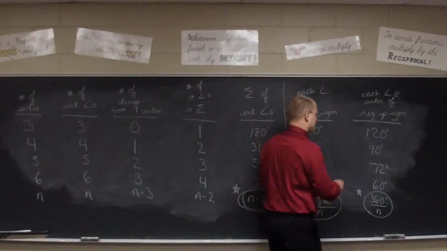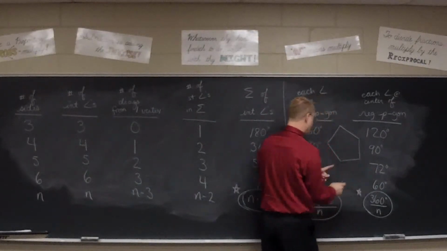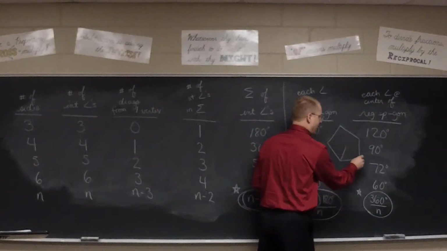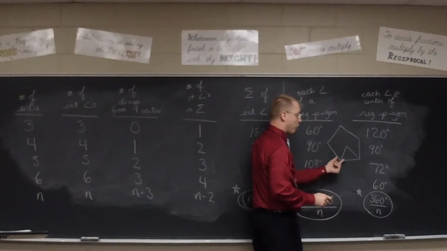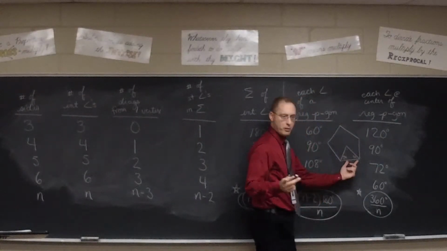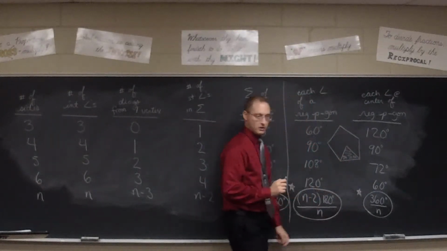Think about why that is. Remember, we said if we had a regular pentagon, each of these angles is going to be 108, correct? So when you bisect the angles, each 108 gets bisected into what? A 54 and a 54, but what is that? That's 108. You only have 180 degrees here.